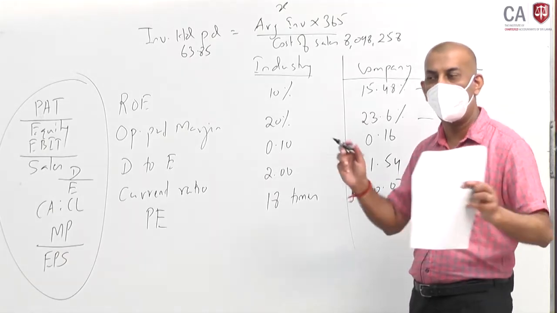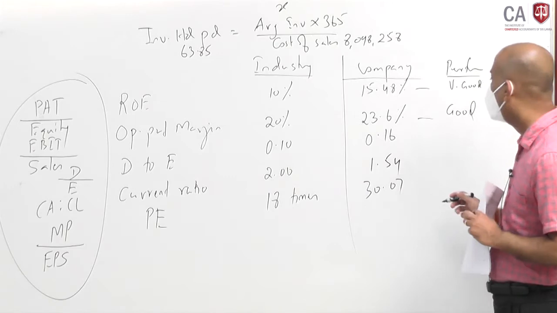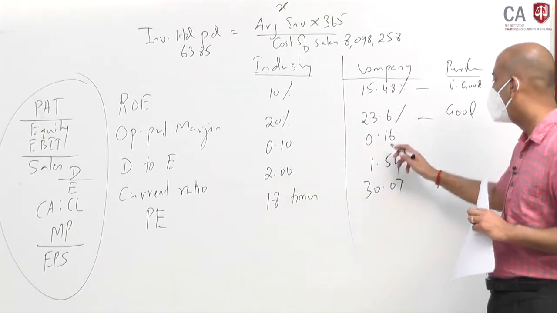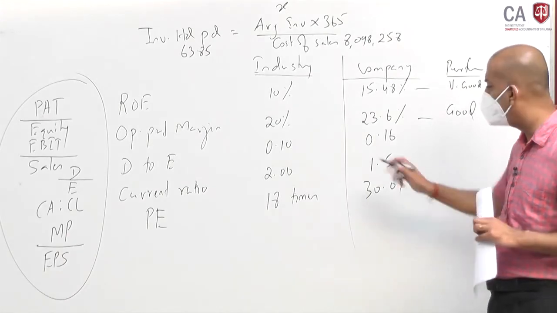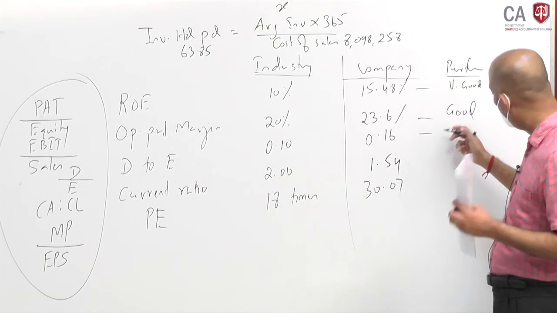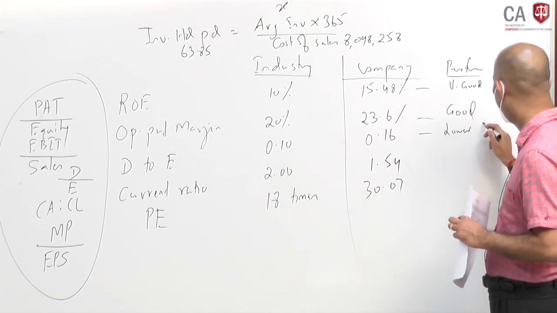That means the debt amount and equity amount are both equal, so the company is funded equally. But here the industry is 10%, here 16%, that means very low. Even though you are more than the industry, you are anyway lower geared.